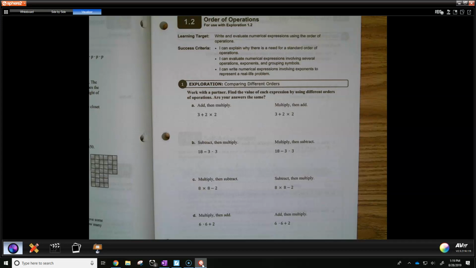Now, if you notice A, it says 3 plus 2 times 2. And over here it says 3 plus 2 times 2. You and your partners are going to answer both. I want you to answer all of these questions. On this first one, they want you to do addition first, and then multiply. This one wants you to multiply and then add.